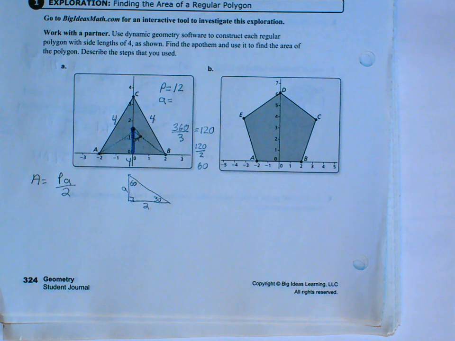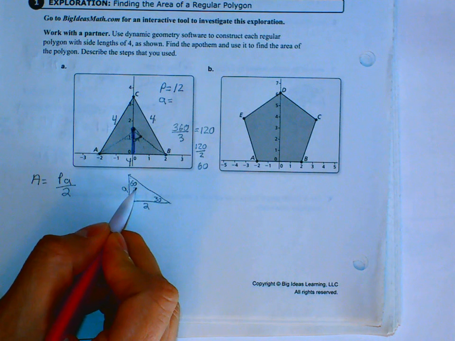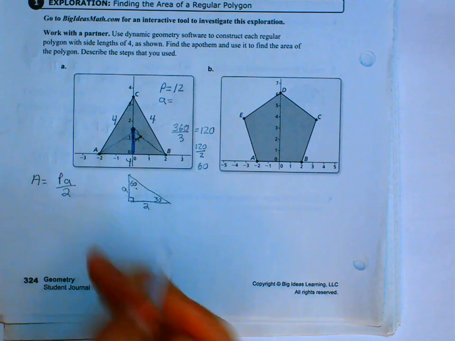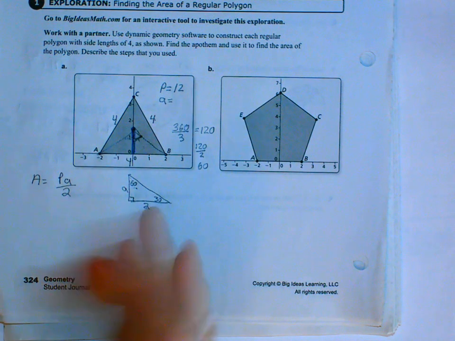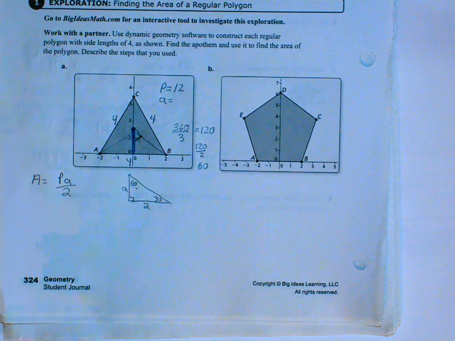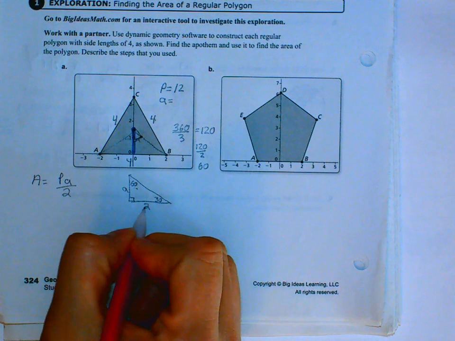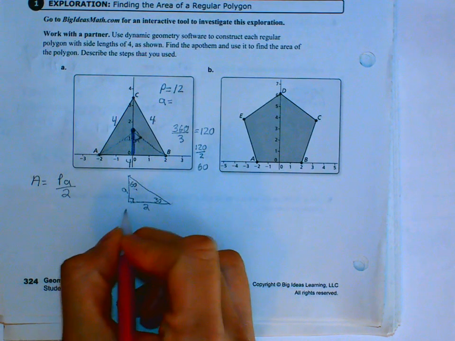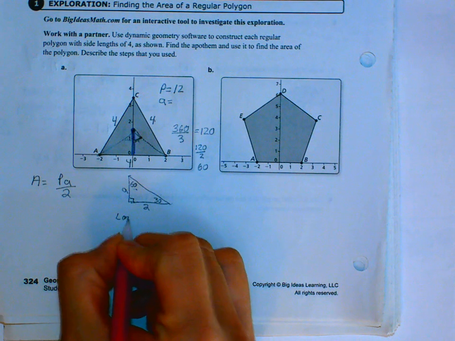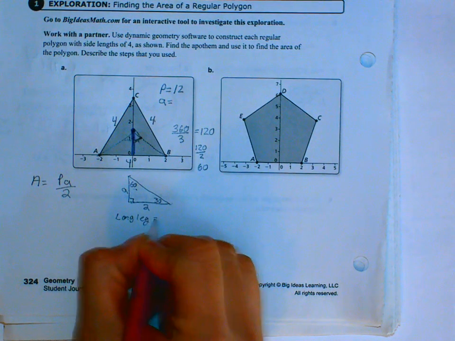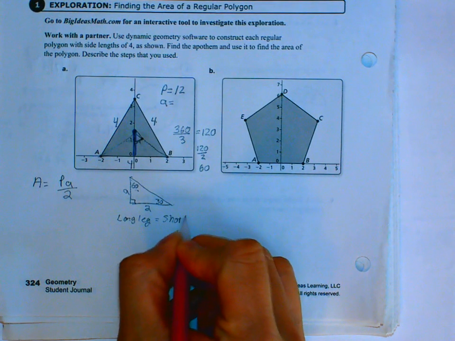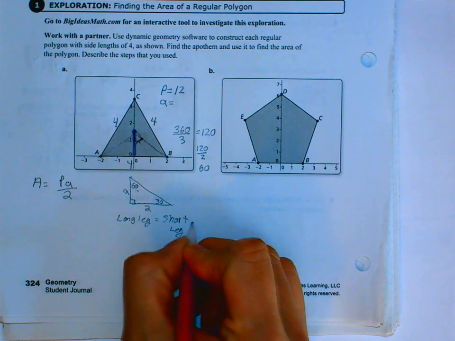So now I'm going to identify what tool I am going to use. This central angle here happens to be a 60-degree angle, which means that I'm going to use my 30-60-90 degree special right triangle rule. So I know that this is the long leg. Remember that the long leg is equal to the short leg times radical 3.